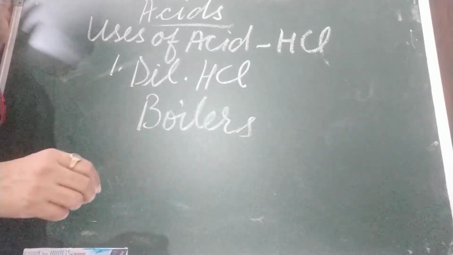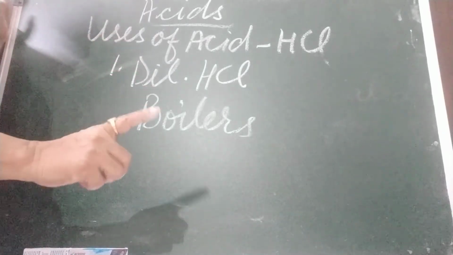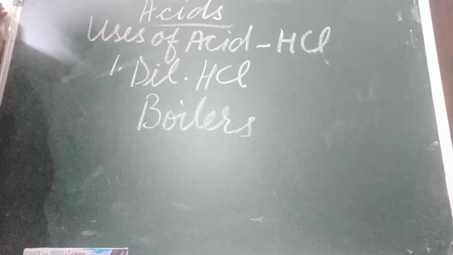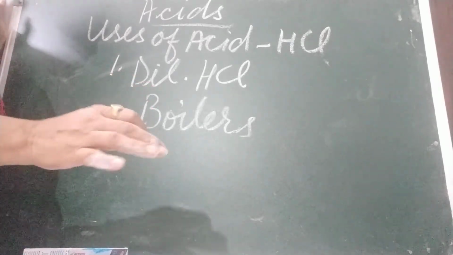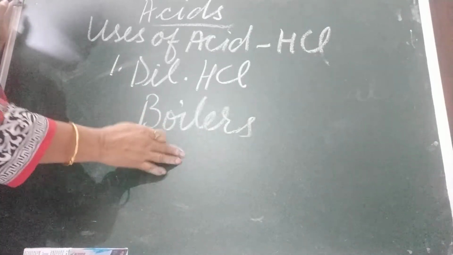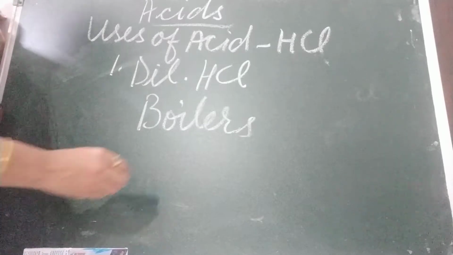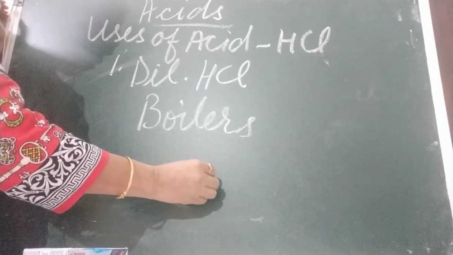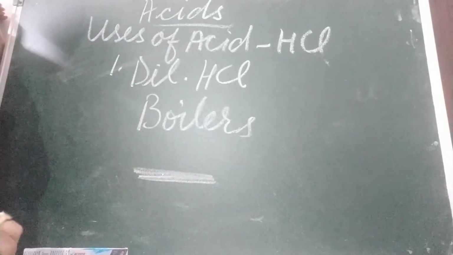Okay, what is scaling, children? You have seen on taps something is deposited. Water comes out from there, and some salts are there in water, and they get deposited on the tap. So that is scaling. So in boilers also very thick scaling takes place. How to remove that? Scaling is a thick layer of salts. How do we remove these salts?